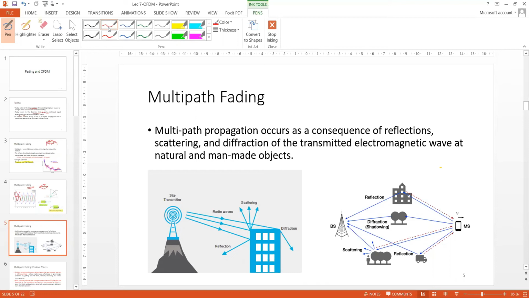It is not reflected, it is not diffracted, it is not scattered. It is traveling in a straight line. But in a practical scenario, this is not the case. There are different obstacles and obstructions present between the transmitter and receiver module, and the nature of the obstruction is obviously different.